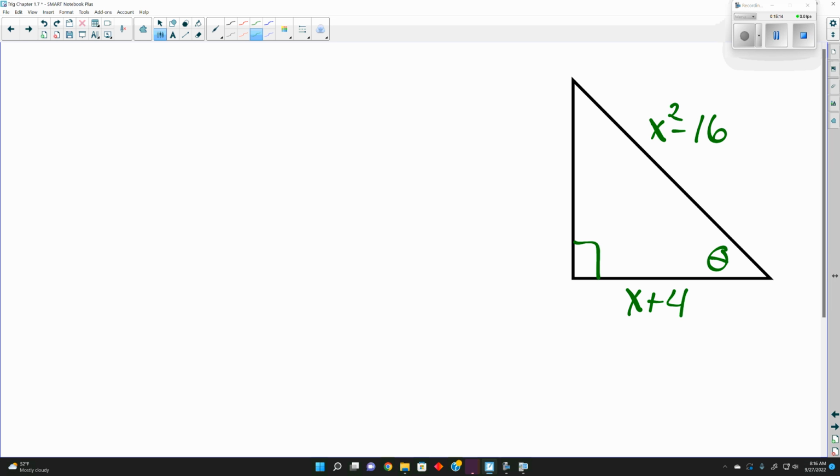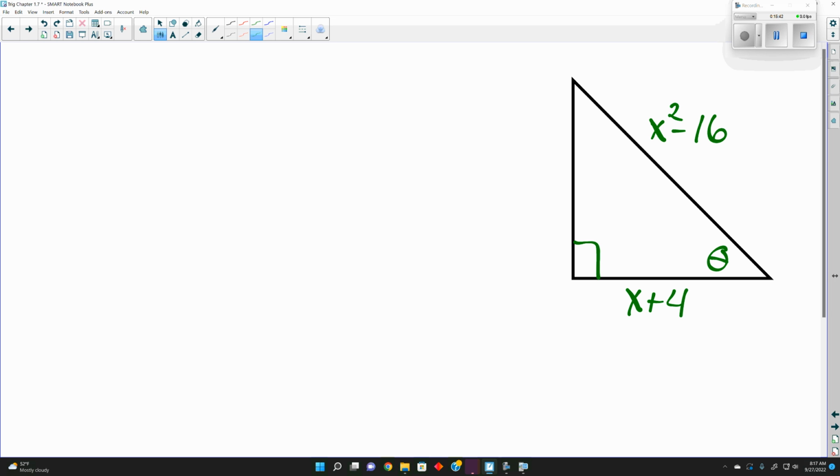But what we're doing for these here is not overly complicated. What we want to do is write this problem as theta in terms of x. We want to get theta by itself and have everything on the other side in terms of x.